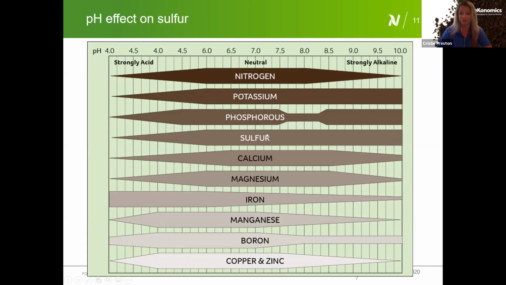And we can go through here in a minute on what actual sulfur deficiency looks like. But number one question, because again, you could be applying all the nutrients in the world, but if your pH is just a little off, a little too low, a little too high, you may not be maximizing your nutrient use efficiency with some of these nutrients.